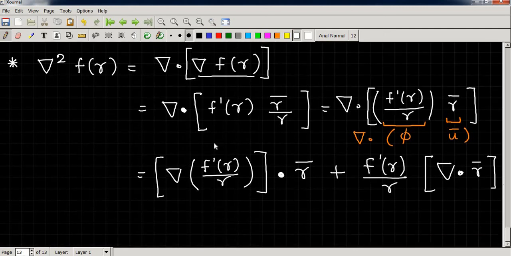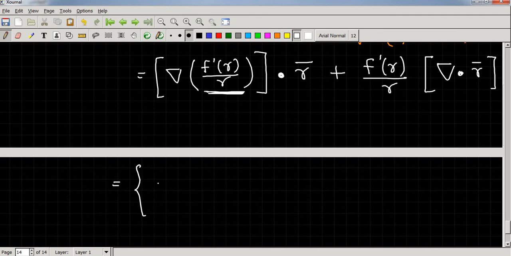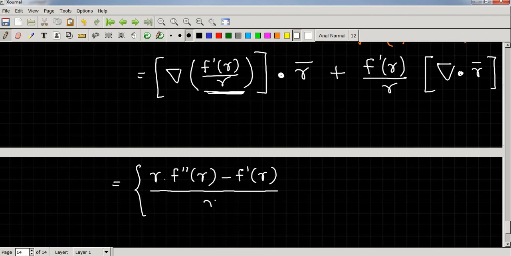If we simplify this, here again we operate the chain rule. So this is equal to, we apply the u upon v rule, denominator function as it is into derivative of numerator minus numerator function as it is into derivative of denominator upon square of denominator.